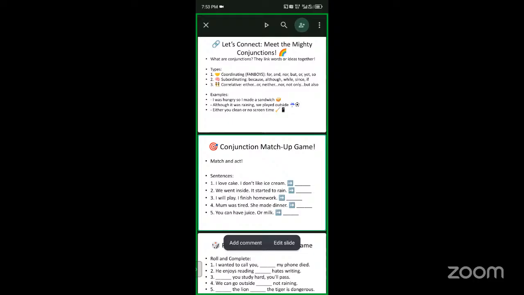No, it's not. Okay, this one, let me give you a clue. This one is from correlative. You can have either juice or milk. Correct. You can have either juice or milk.